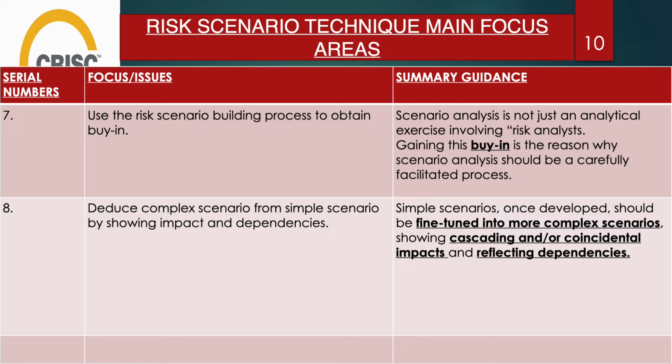Friends, once generated, simple scenarios should be fine-tuned into more complicated scenarios that exhibit cascading or coincidental consequences and depict interdependence. For example, a catastrophic hardware failure scenario can be mixed with a failed disaster recovery plan scenario.